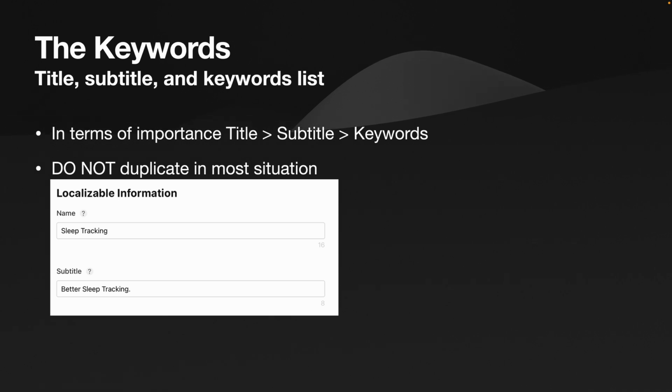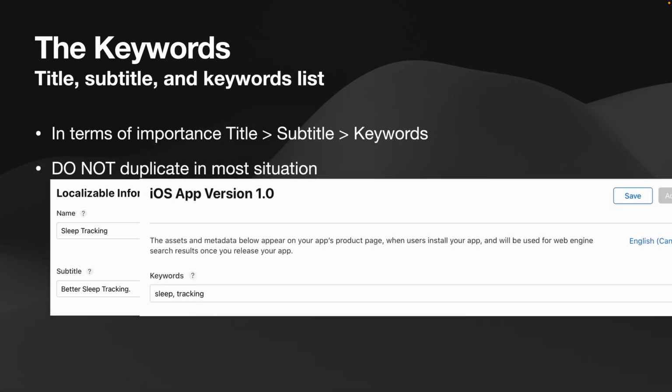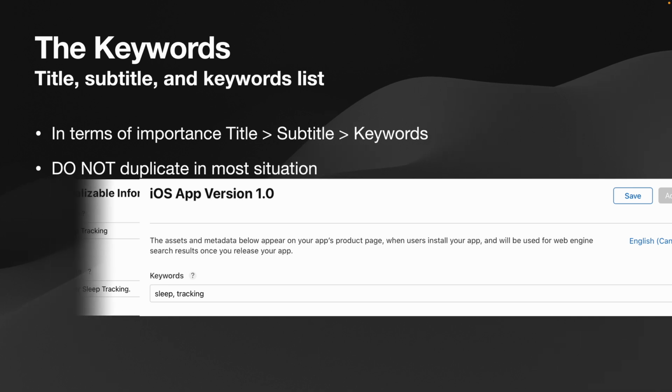Maybe better sleep tracking, as shown. And in the keyword list, you mention sleep tracking again. The keywords sleep and tracking have been repeated 3 times, and they get diluted each time you repeat them. Now your chance of ranking high for sleep tracking is actually less than if you just put sleep tracking in the title and nowhere else.